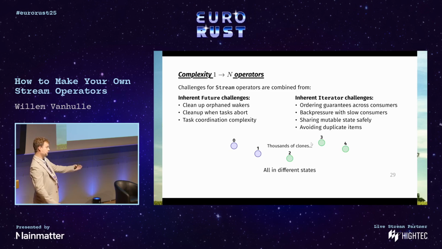You want the ordering to be consistent among different consumers for output streams. And you also want to be able to deal with slow consumers. So if you have n output streams and there's one that is really slow, you don't want the whole program to panic and crash because of memory issues.